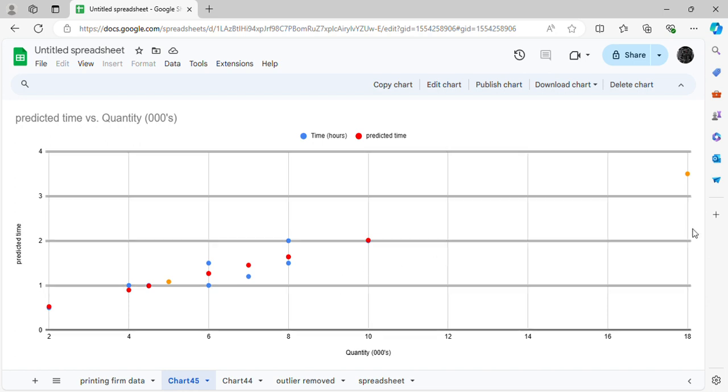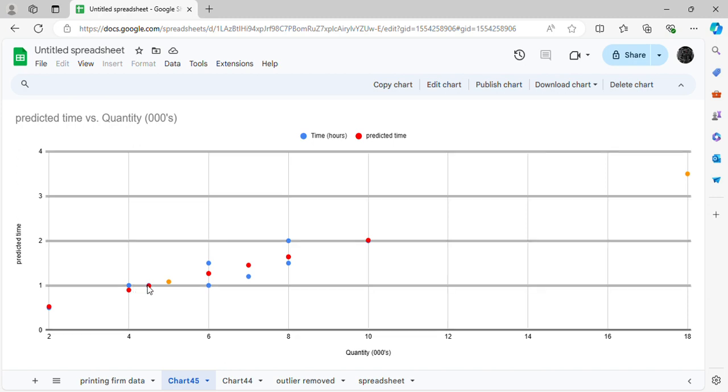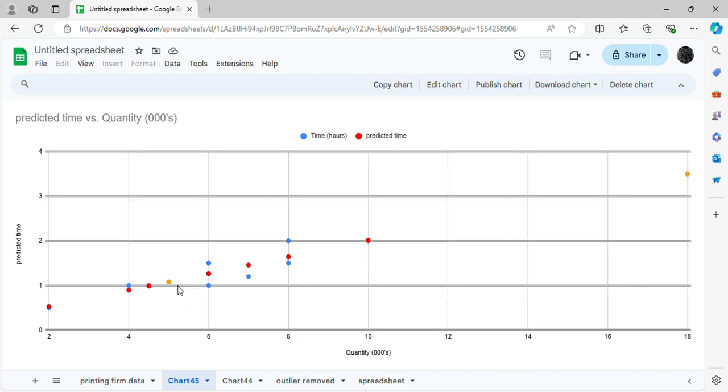Now what happens is that 18,000 sheets is not being observed yet, so it's not within the range of the observed quantity. So that's why it's extrapolation. And for 5,000 sheets, it's within the range of the observed quantity values. So that's interpolation.